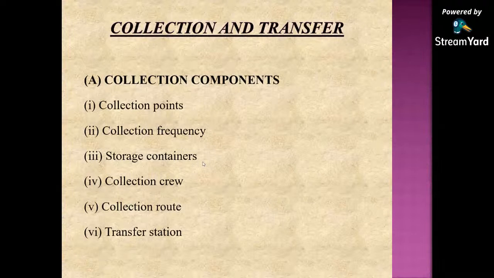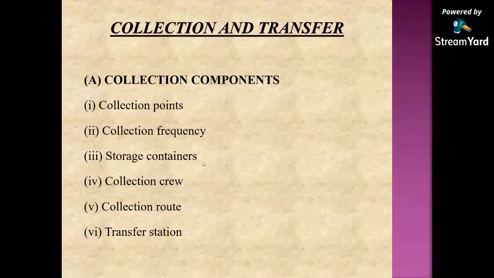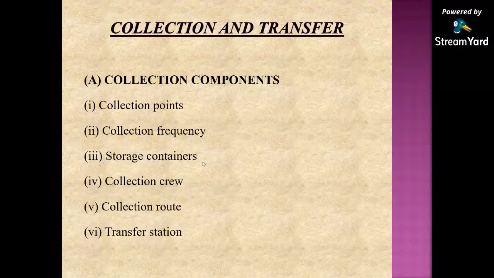And the last process of collection and transfer is the transfer station. A transfer station is an intermediate station between the final disposal option and the collection point to increase the efficiency of the system.